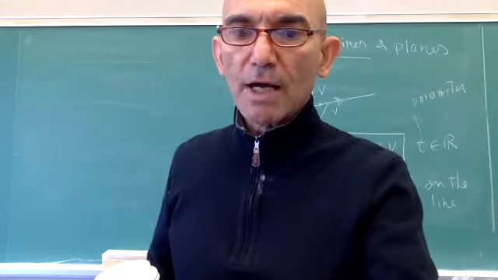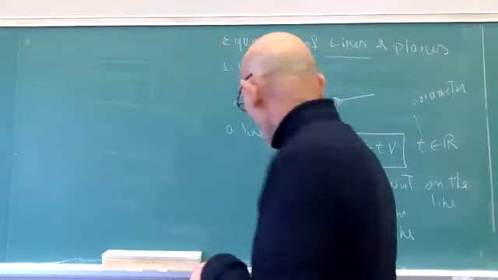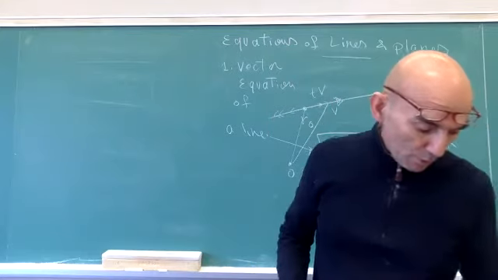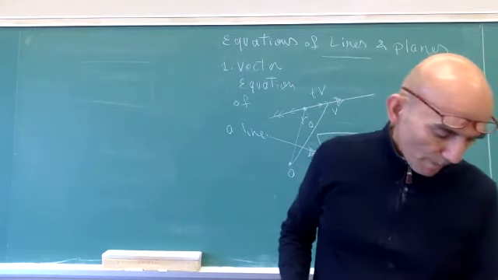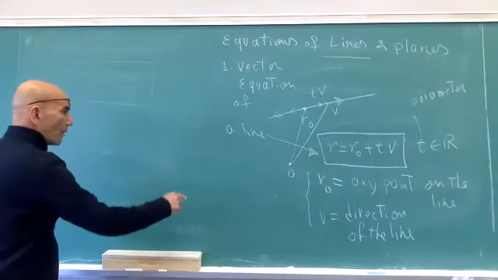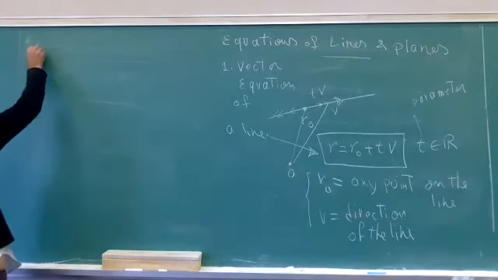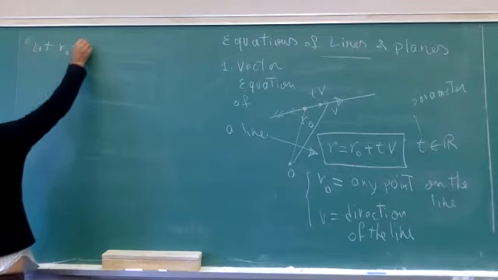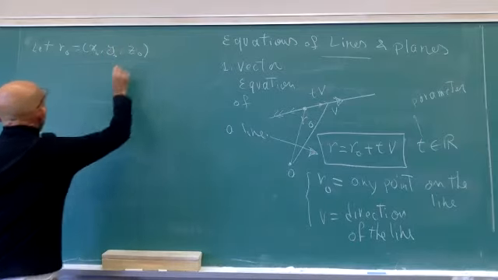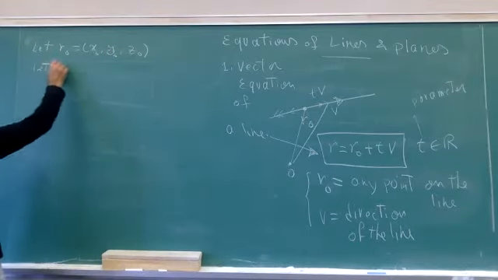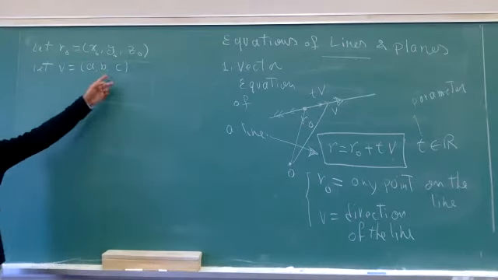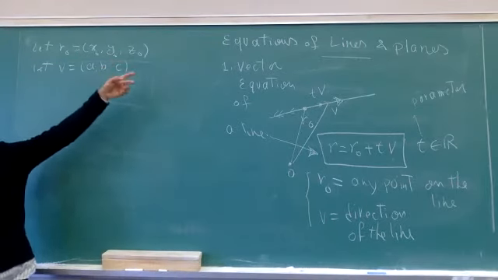All right, so now we can write this equation in a different form. This is the vector form. So now let R0 equal to those 3 numbers that I mentioned, x0, y0, z0, and let V be equal to a, b, c. And here also you see there are 6 numbers: x0, y0, z0, a, b, c.